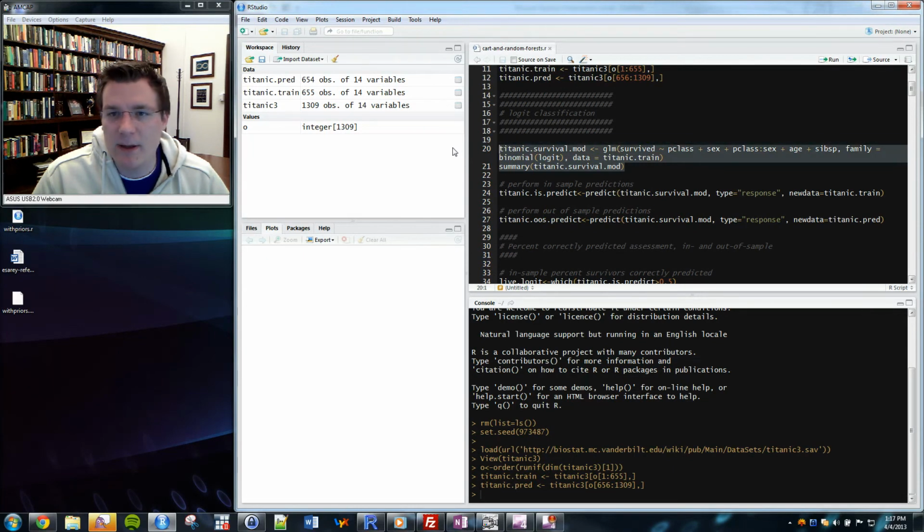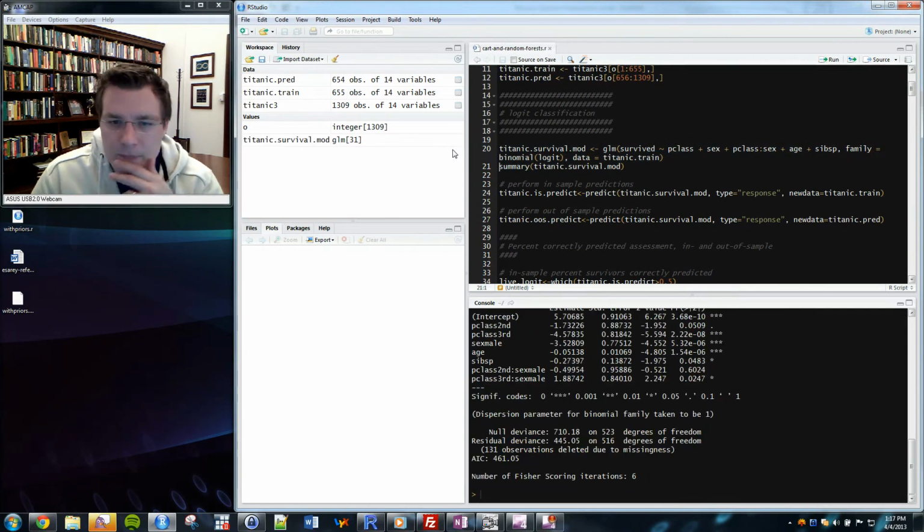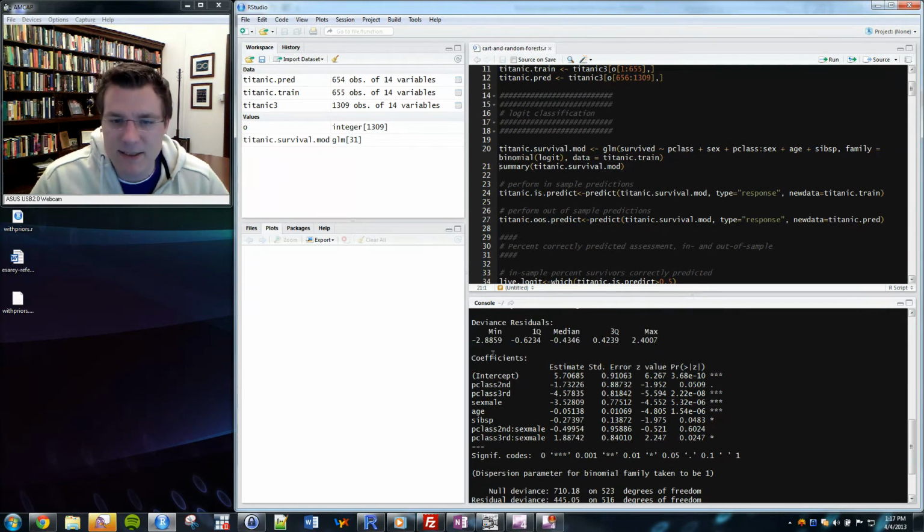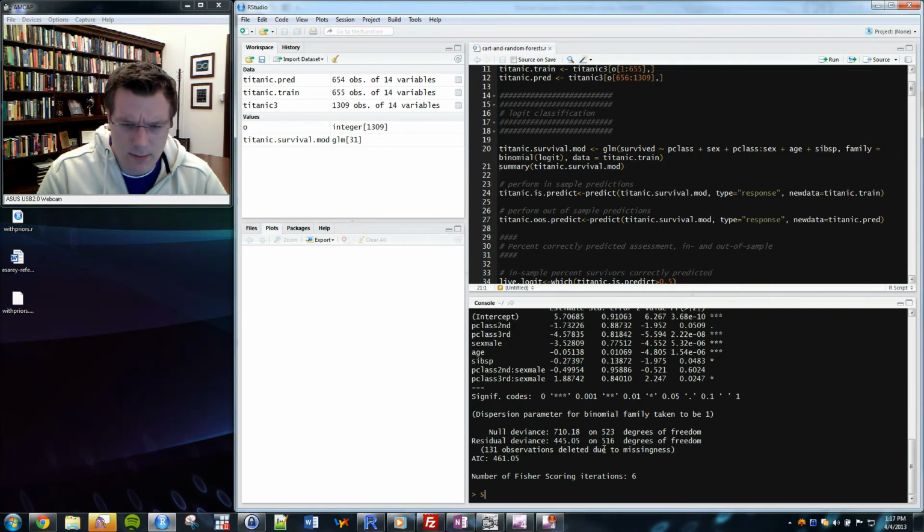I'm going to start with a really basic GLM model that predicts survival on the basis of which class of ticket a passenger held, first class, second class, or third class, whether they were male or not, their age in years, whether they had any siblings on board.